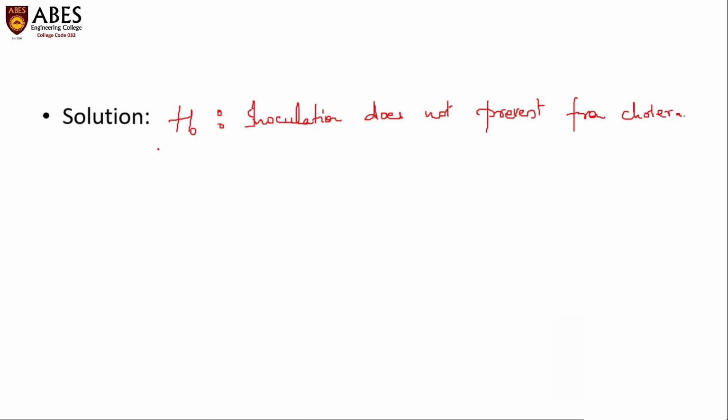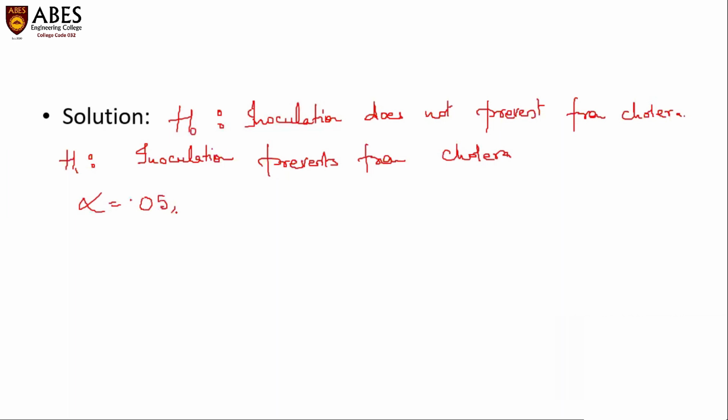Whereas in the alternate hypothesis, we will consider that inoculation is helpful in prevention from cholera. Again alpha is taken to be 0.05.